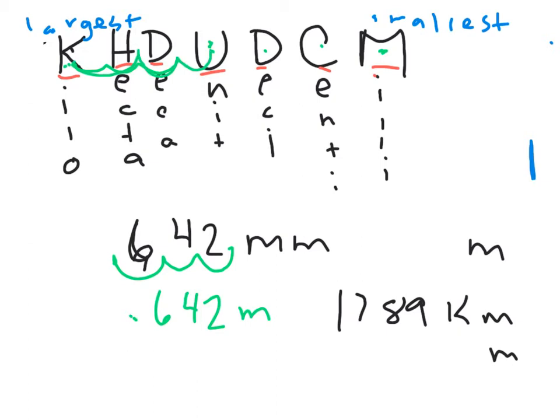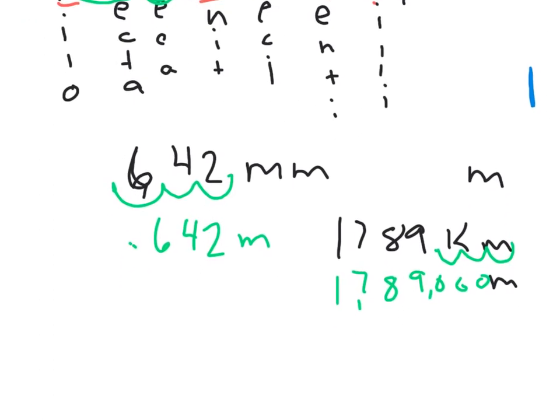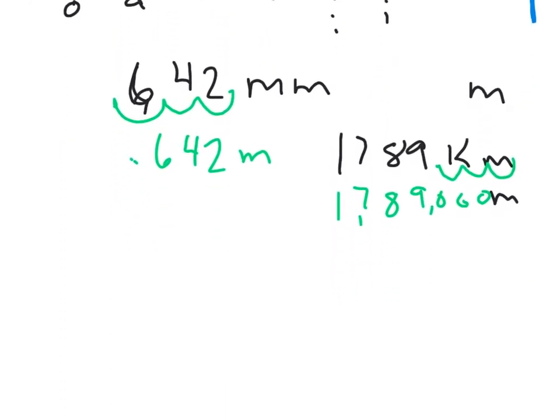So go to every letter, 3 spots to the right. Okay, so I put my decimal point here at the end, so it's 1, 2, 3. So I would have this many meters, so 1,789,800 meters. Okay, so that is when I'm using the standard metric unit.